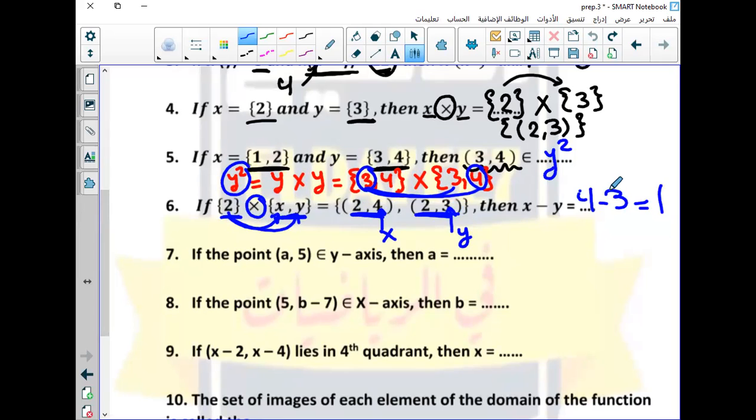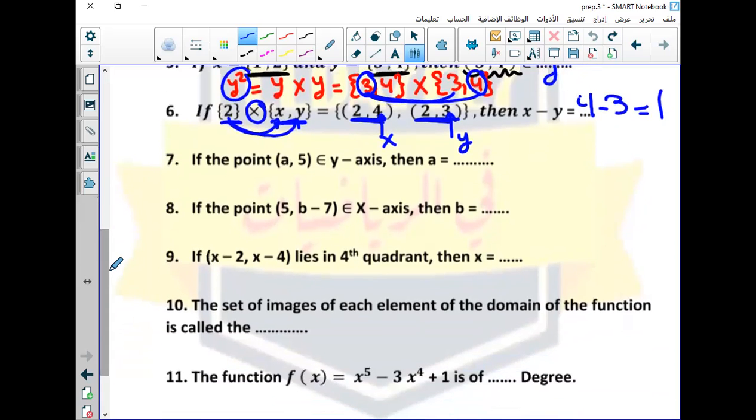Number 7: if the points a and 5 belong to the y-axis, then a equals... If you draw the coordinate plane, or the Cartesian plane, then any point on the y-axis will have the x-coordinate equal to 0.